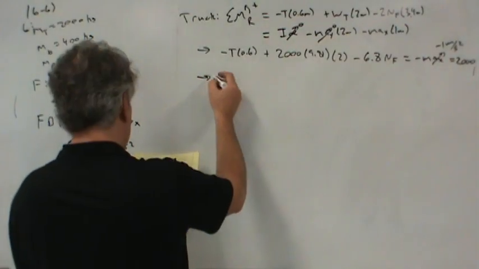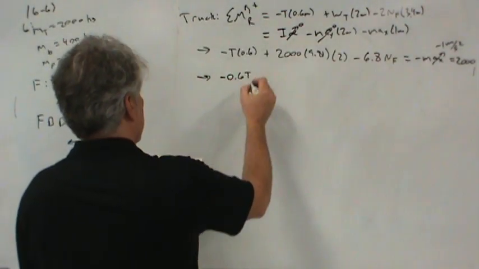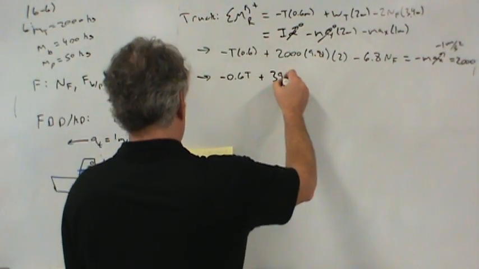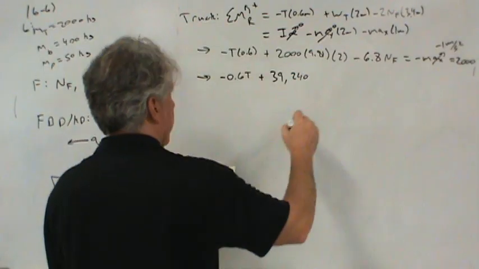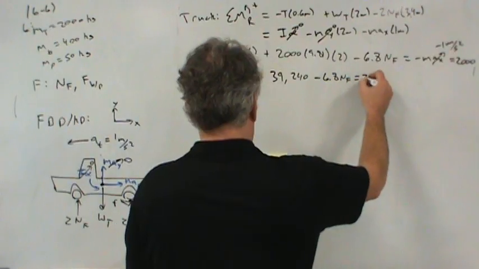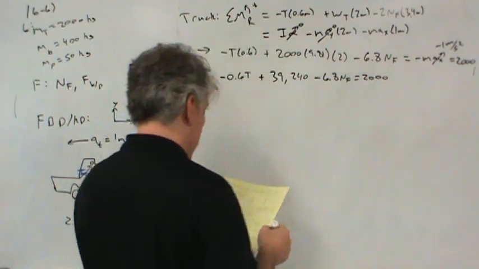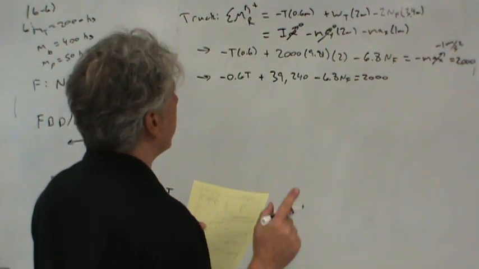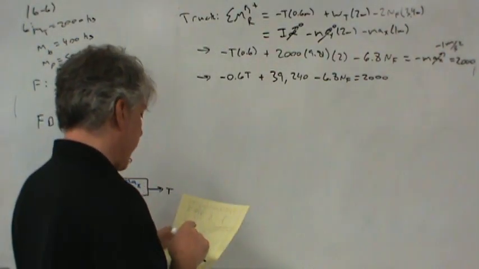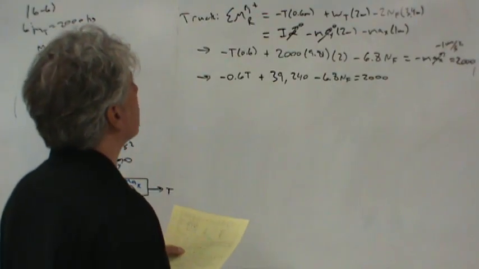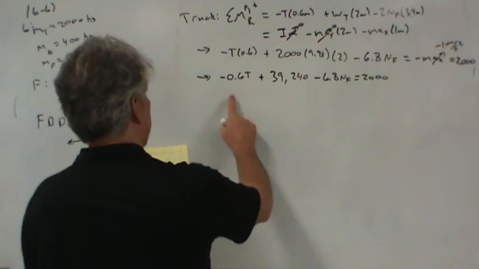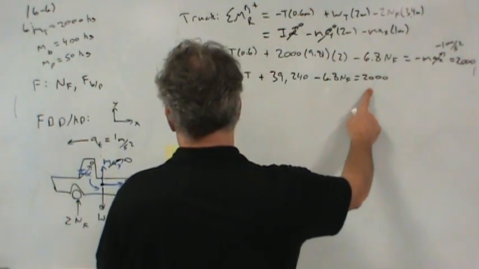In fact, if we continue and write negative 0.6 T plus, multiply all this out, I got 39,240 for that product, minus 6.8 NF equals 2,000. Let's see, wait a second. I may have made a mistake along the way because when I wrote it down, I have this is negative, this is positive, this is negative, and I have the right side as negative.